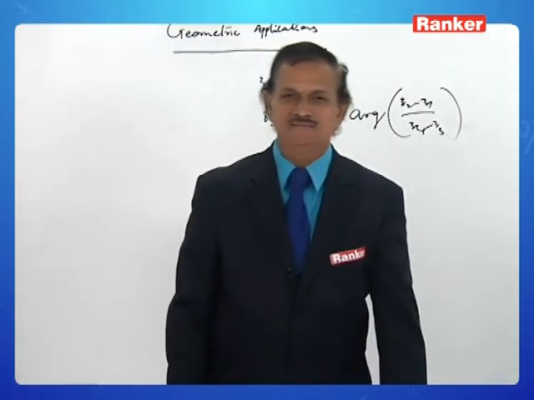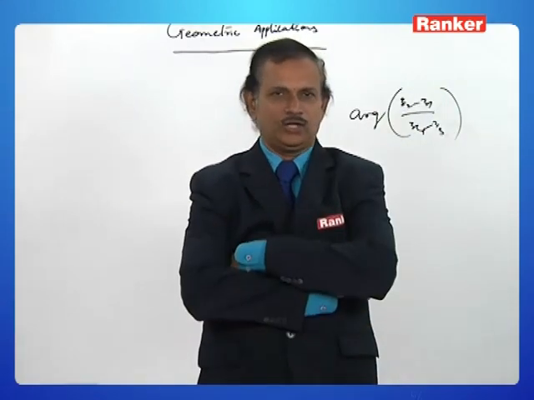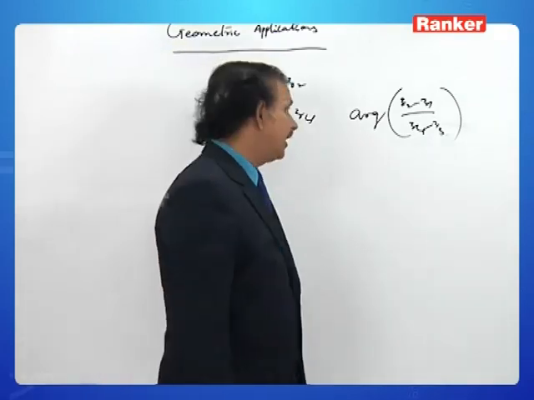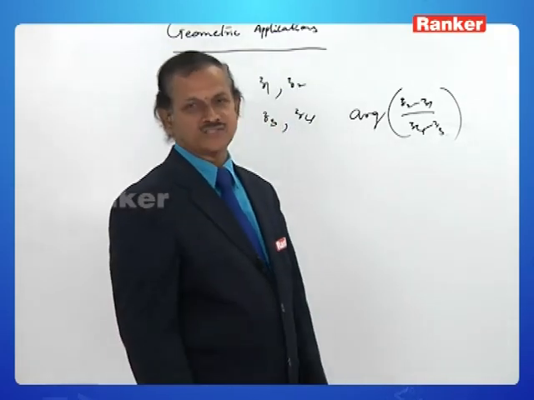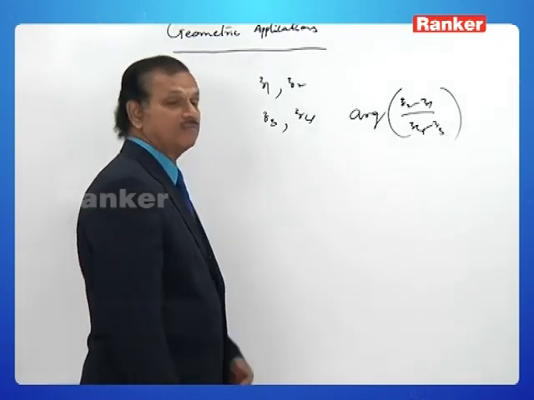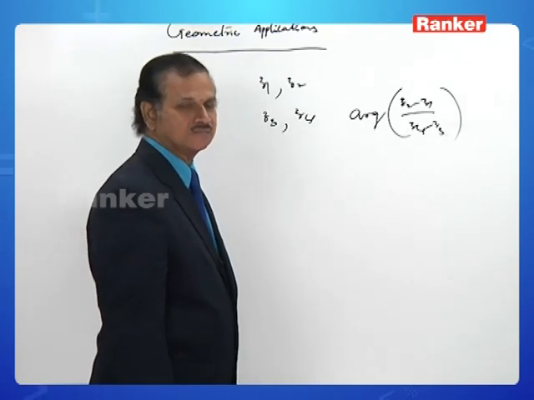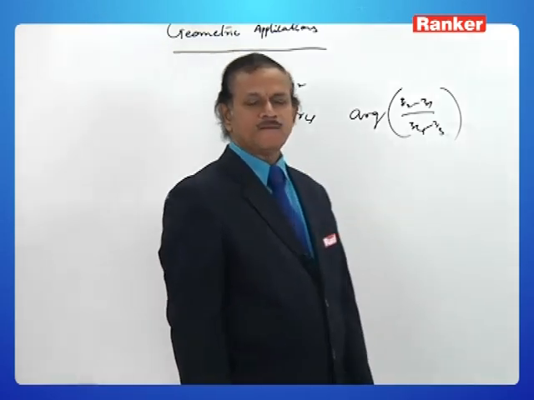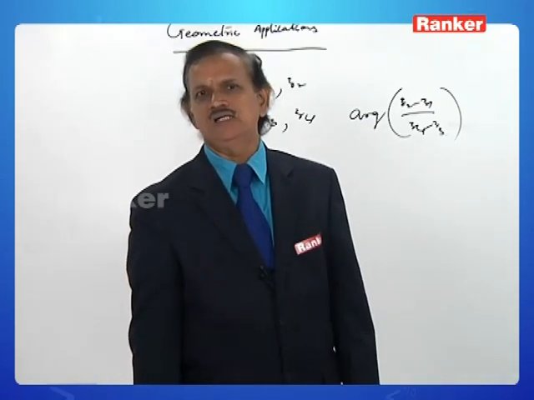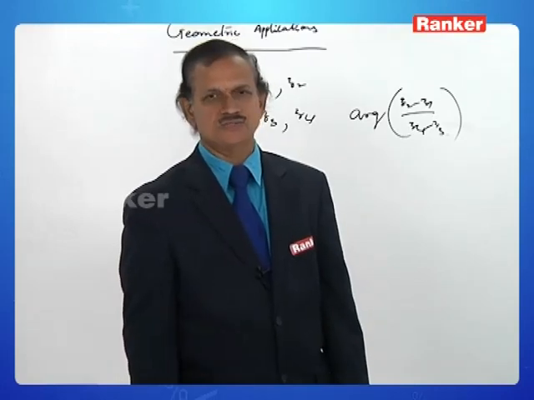One more thing you will be able to verify and use is that the angle between the diagonals is also 90. That is, the argument of Z3 minus Z1 by Z4 minus Z2 is also 90, like that. So a wide range of utility of these concepts can be observed in terms of amplitudes.